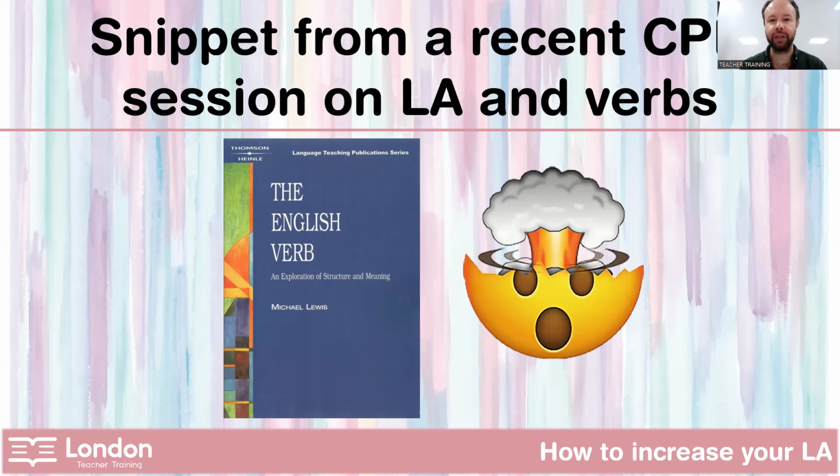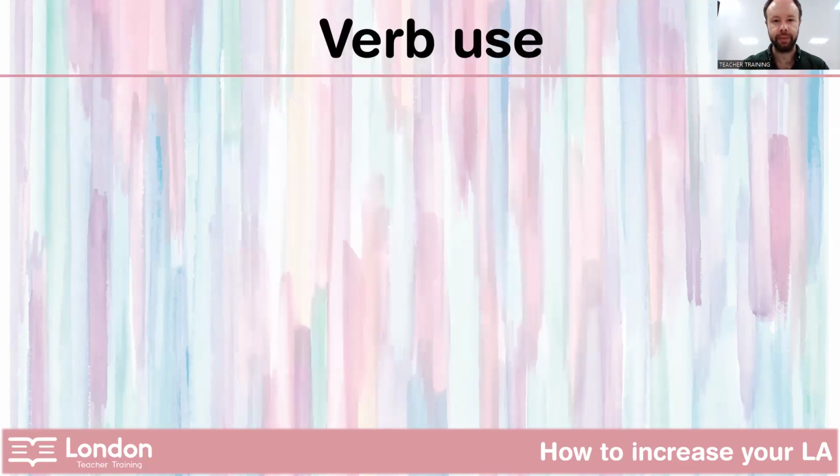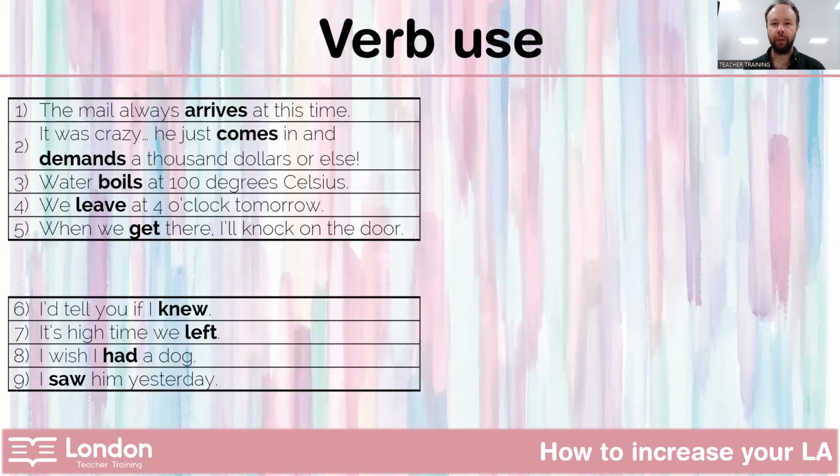So over the next few slides, we're just going to look at some things that happened in that CPD and, well, I guess share a little bit of what we do in our sessions. So this slide here, we had some examples of sentences from the book.